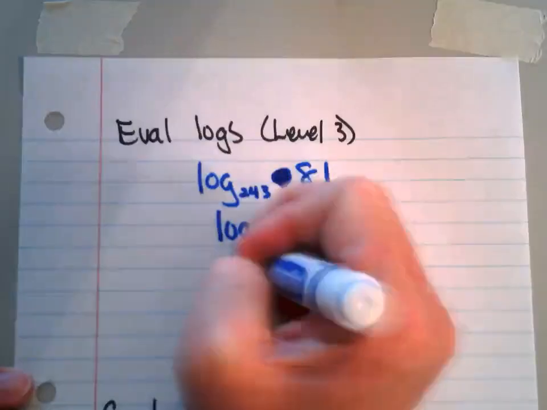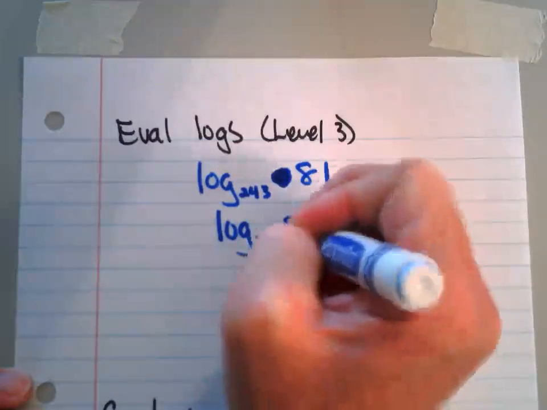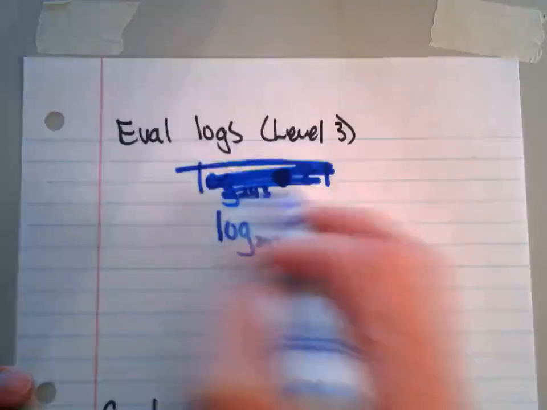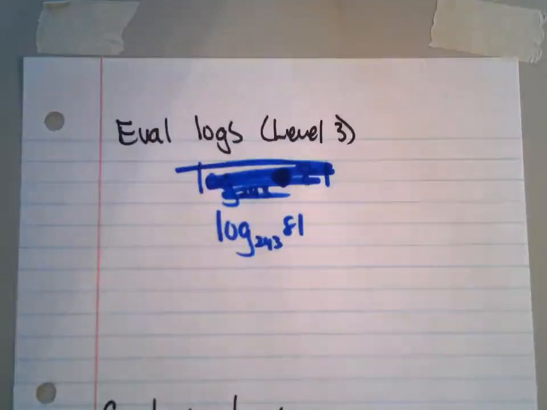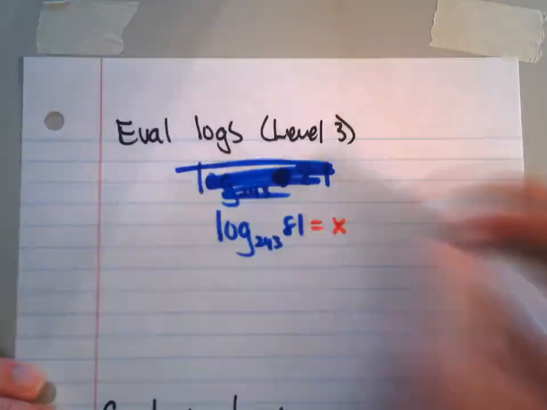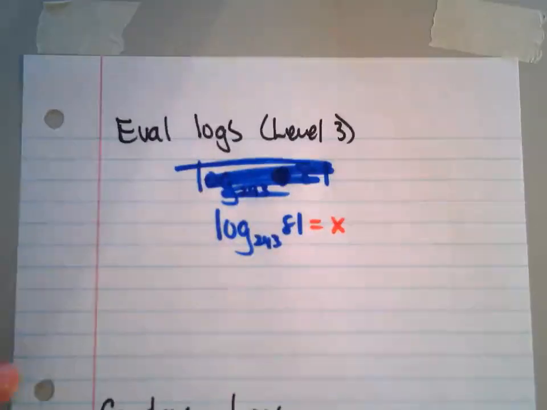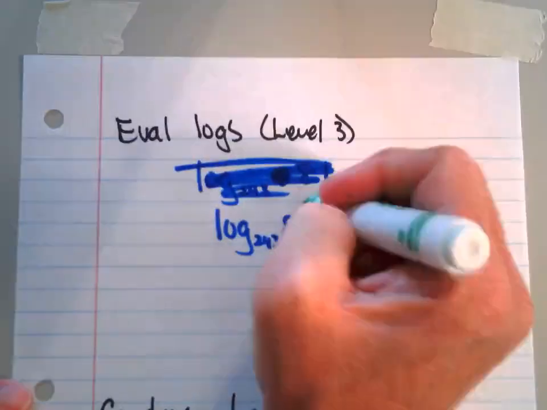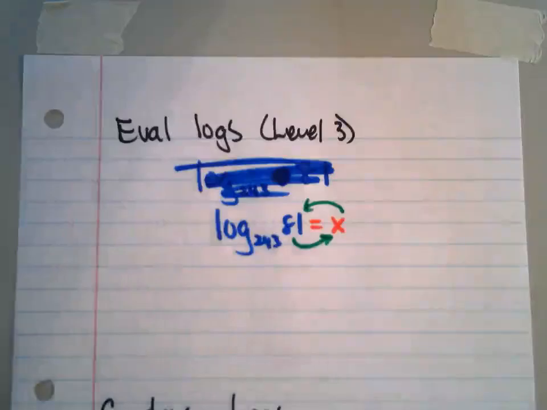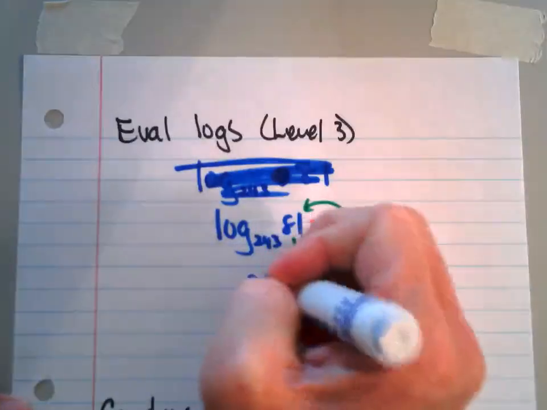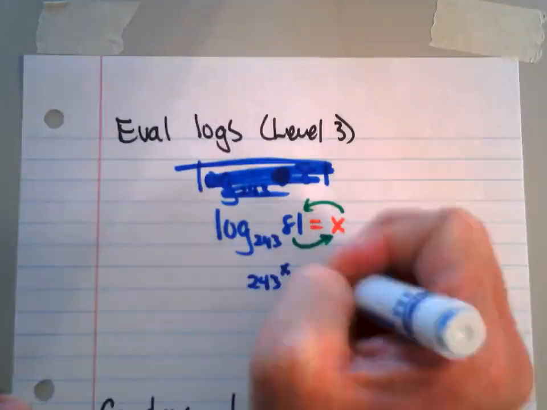So that's actually supposed to be log base 243 of 81. So just ignore that part. But let's add an equals over here. The x and 81 switch places. 243 to the x power equals 81.